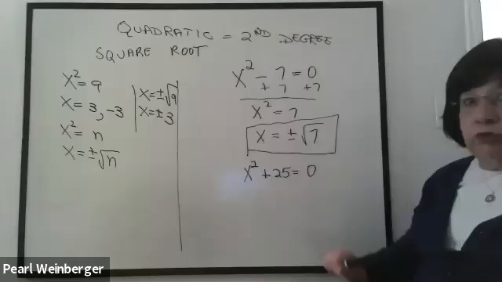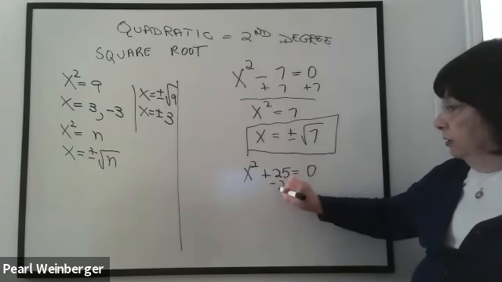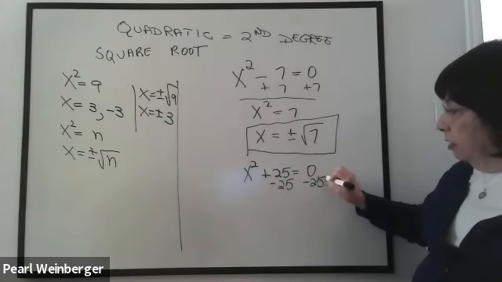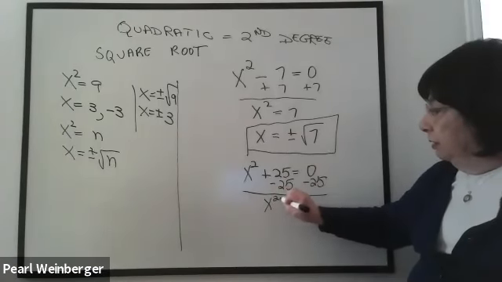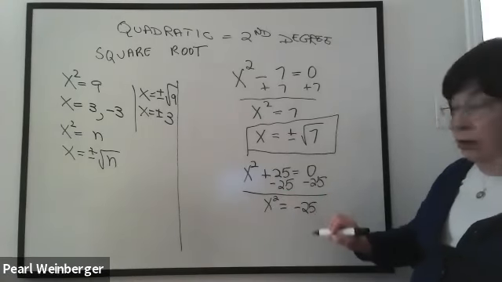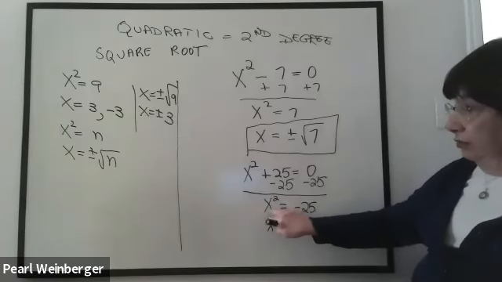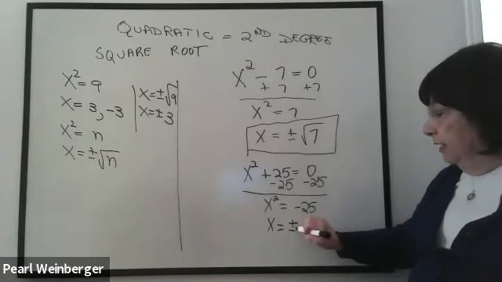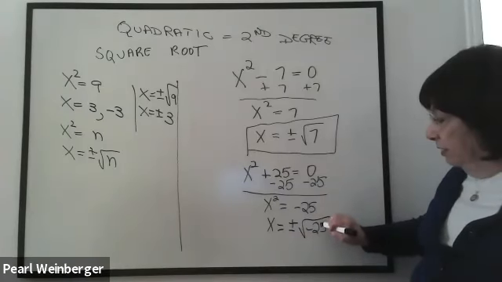But we can use our square root method. Get the 25 to the other side. That will give me x squared equals negative 25. I have x squared equals a number, so x has to be plus or minus the square root of that number, negative 25.